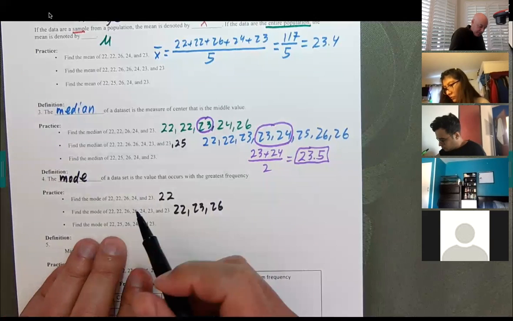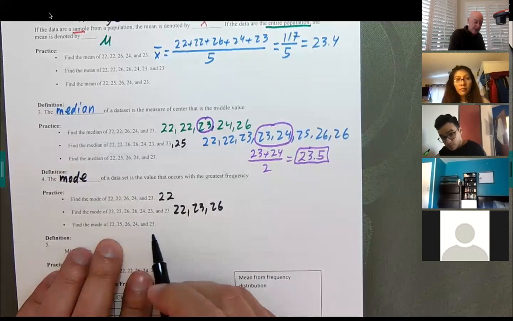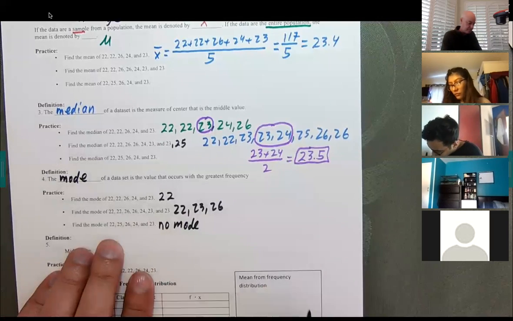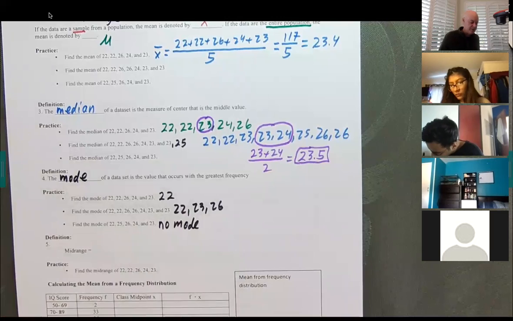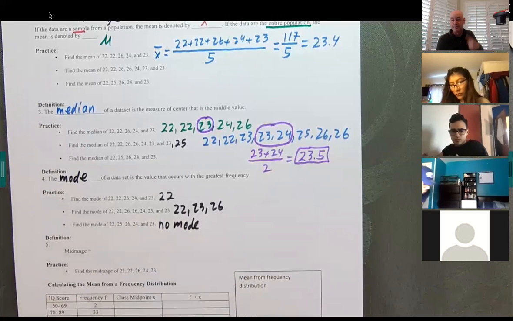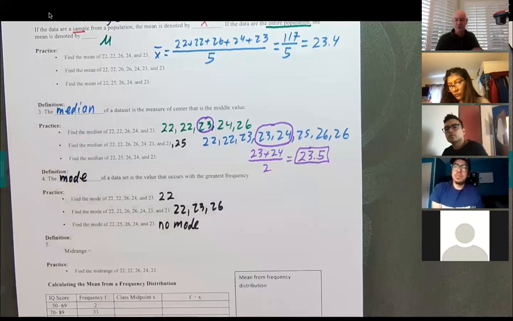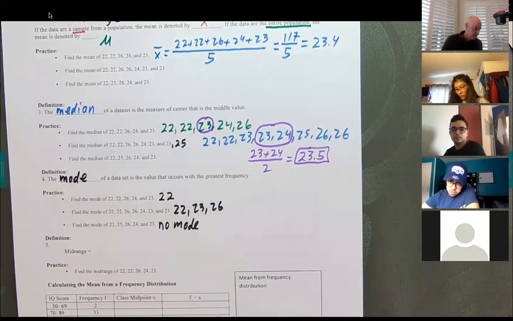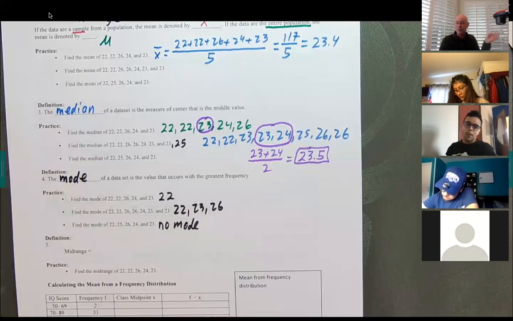All right. Now this last one, there are no repeats. So we would say that there's no mode. Some textbooks would say that all of these are the mode because they're all repeated one time, but your textbook says no mode. Now, to be clear why you would use the mode, let's say you had a store and you had 50 items that you sell and you number them 1 through 50, and you notice that item number 27 is a really hot seller.